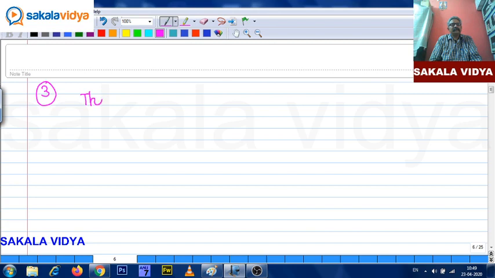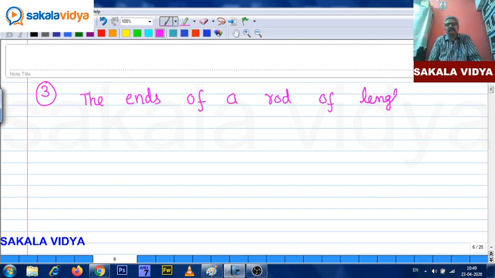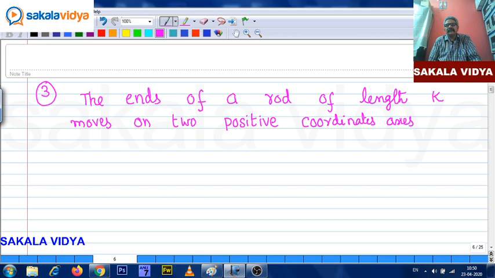The ends of a rod, the ends of a rod of length K moves on two positive coordinate axes, that means on the x axis and y axis in the positive direction.